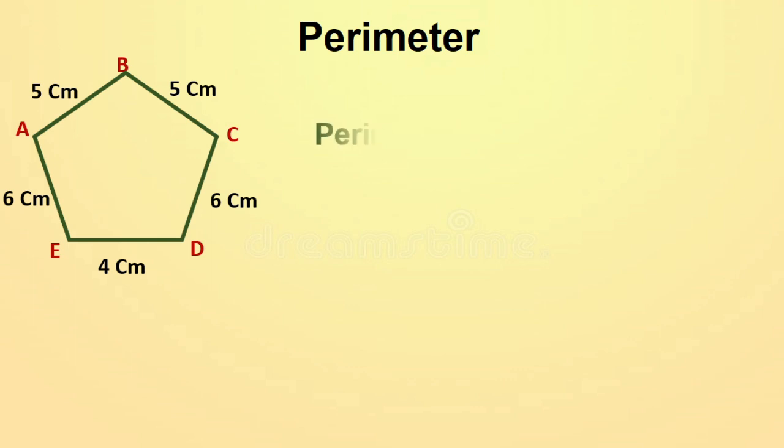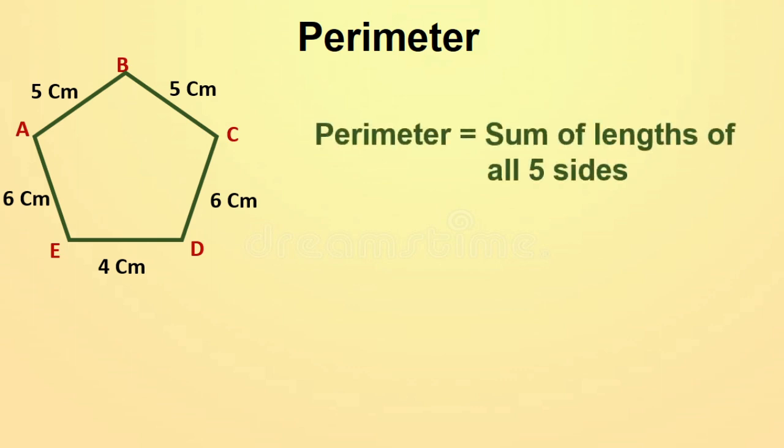See, dear children, here perimeter is equal to the sum of lengths of all 5 sides, because this is a pentagon, isn't it? As this figure is a pentagon, it has 5 sides.